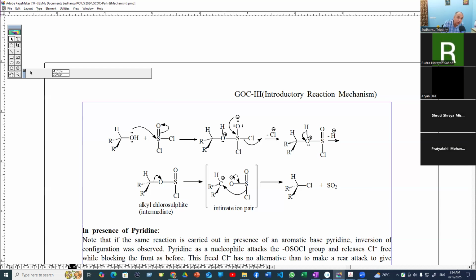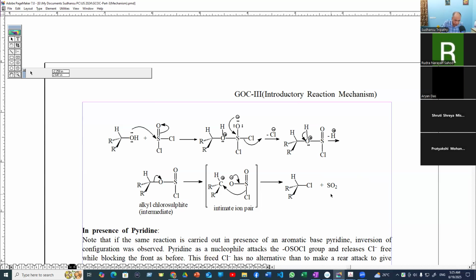And immediately the chloride ion from the second chlorine will attack as a nucleophile from the same side, and this lone pair will come here. So there is retention of configuration with expulsion of SO2. I think you understand all.